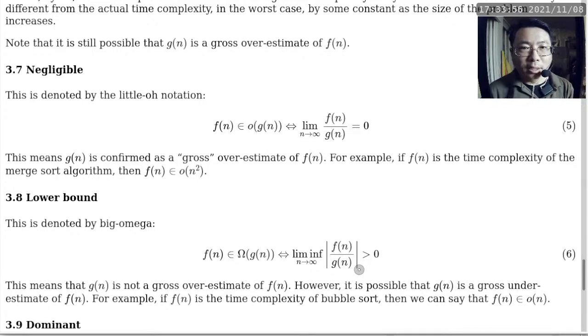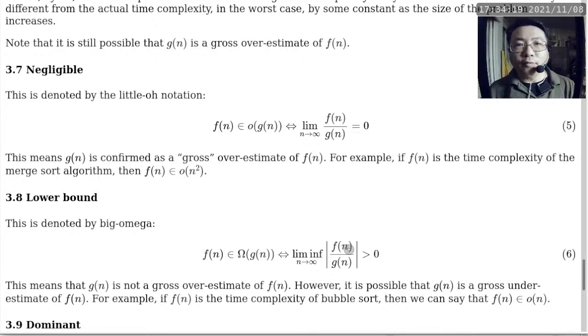Because if you think about it, how can we make sure that f of n divided by g of n, when we take the absolute value of this? Now, the absolute value is not particularly helpful, even though it doesn't hurt anything, because f of n is a time complexity function. It is the exact time complexity function.